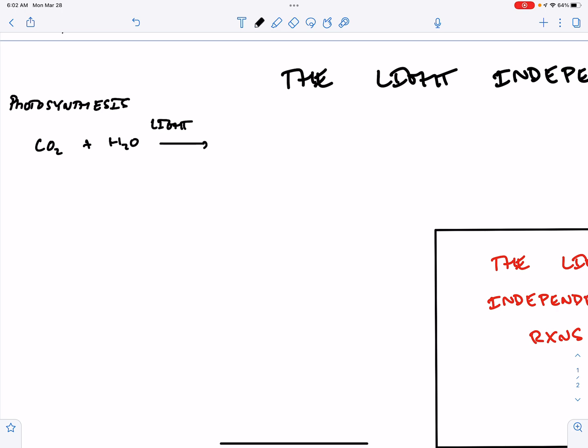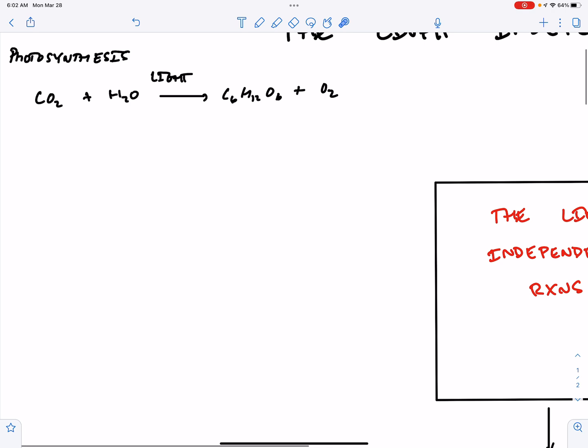And then the outputs are glucose and oxygen.